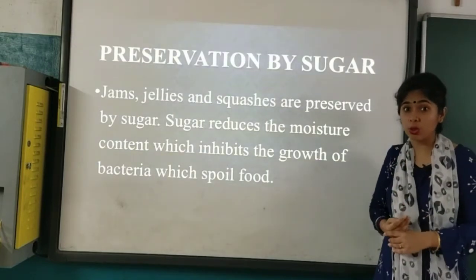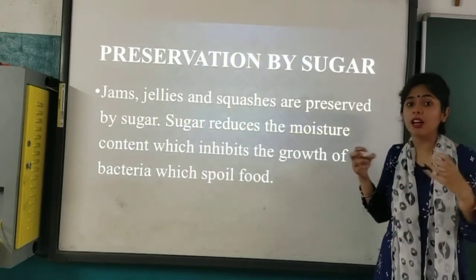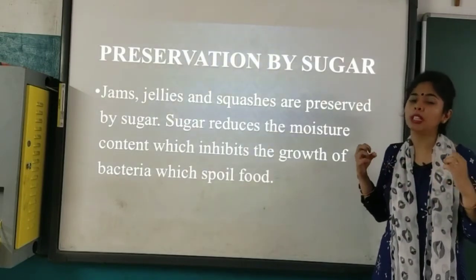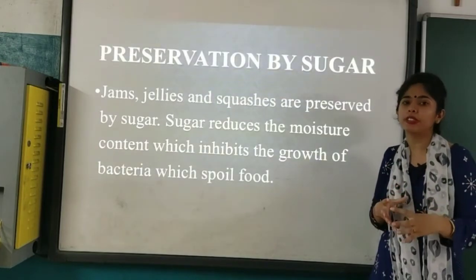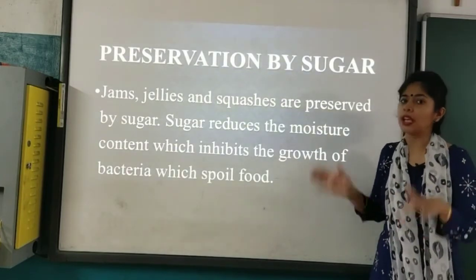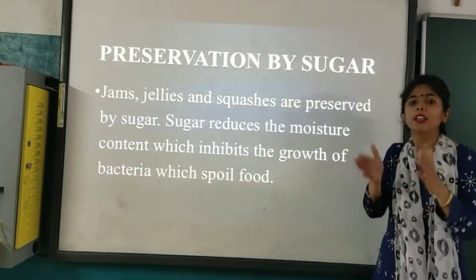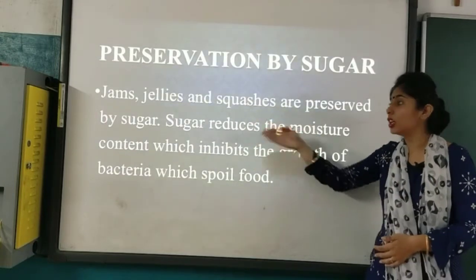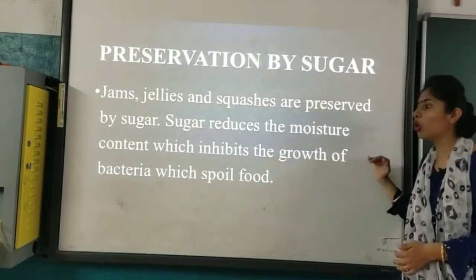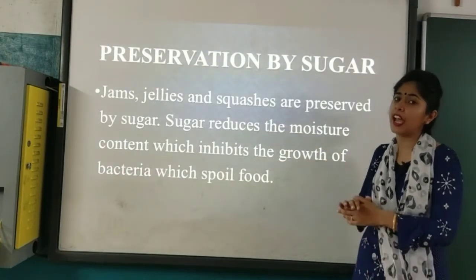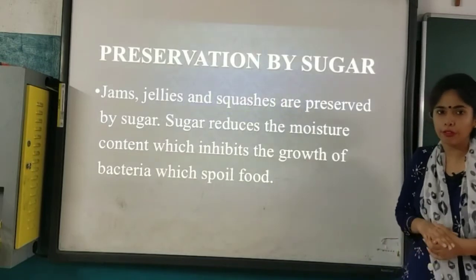And if there is no moisture in any food, then what will happen? The microbes cannot enter the food. Sugar reduces the moisture content, which inhibits the growth of the bacteria which can spoil the food.